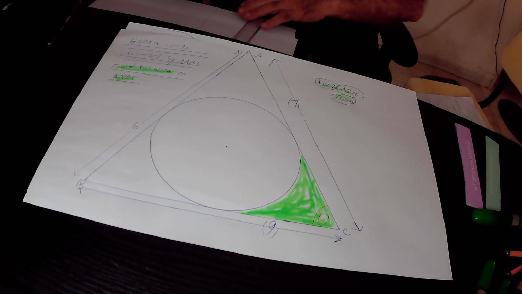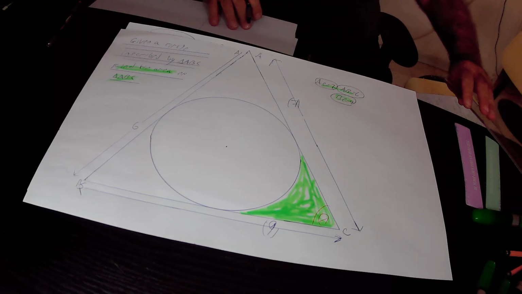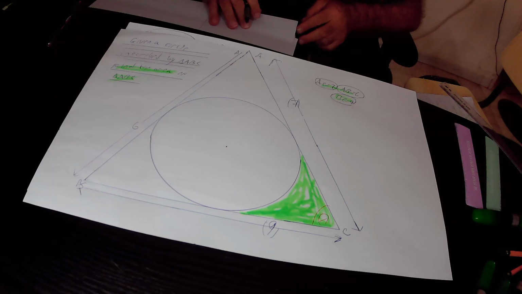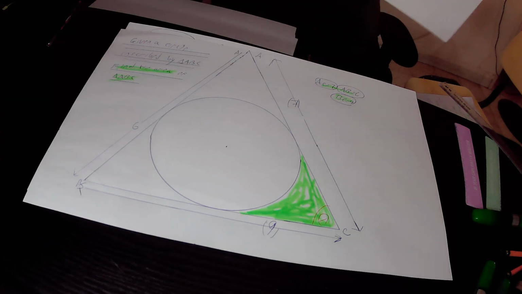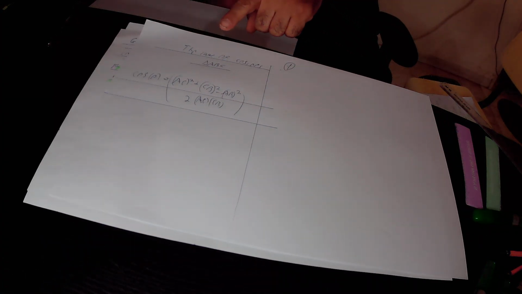Repeat again, in this triangle ABC, according to the law of cosines, cosine theta equals AC squared plus CB squared minus AB squared over 2 times AC times CB.